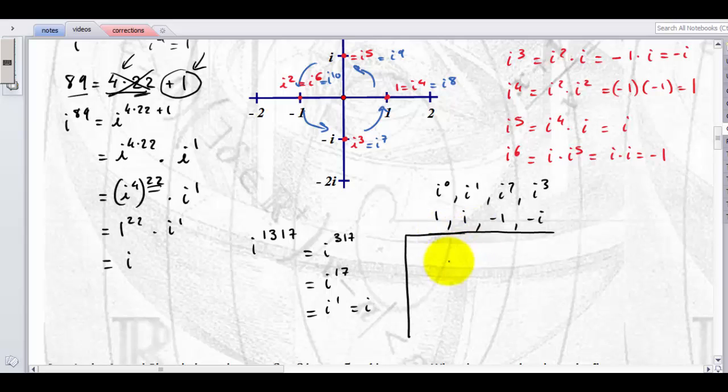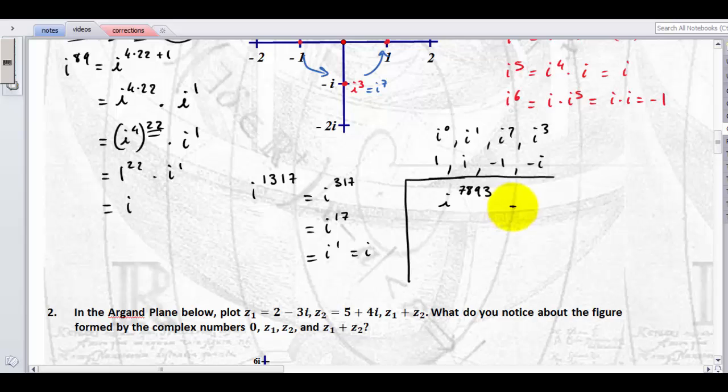I'll do another one. I to the 7,893. Here we go. Oh, big one. I'm going to get rid right away of 7,800 because this is a multiple of 4, so I'm left with I to the 93. I'm going to get rid of 80. That's a multiple of 4. I'm left with I to the 13th. And what's the largest multiple of 4 in there?